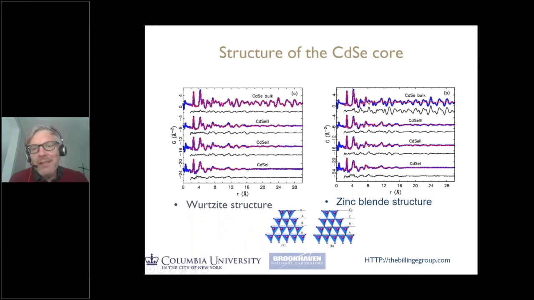In zinc blende, it's ABC, ABC. The question that we had, or that our chemistry colleagues had, was whether the structure of the core is wurtzite or zinc blende. And for the bulk, it was very clear that when we fit a zinc blende structure, it did poorly, and when we fit a wurtzite structure, it did well. But for the nanoparticles, it wasn't so clear.